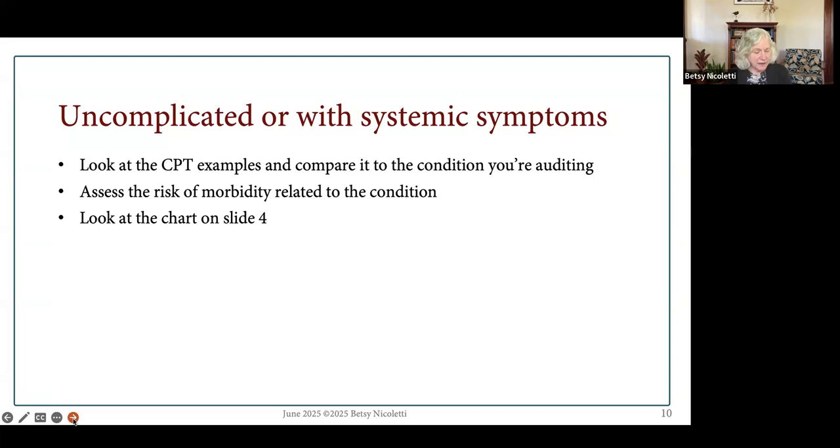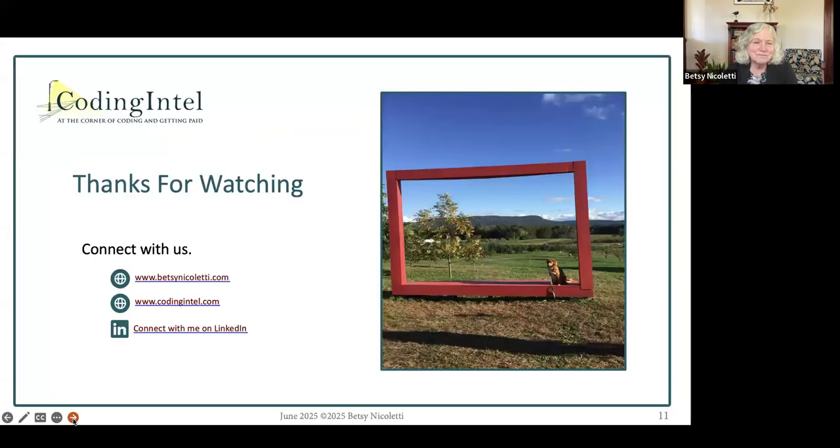Is it more like the examples of simple strain or sprain, conjunctivitis, viral illness, or is it more like pneumonitis, colitis, pyelonephritis? Look at the risk of morbidity related to the condition, and then that one-page chart that I have on slide 4, look at that, and I think that will help you to differentiate between those two.